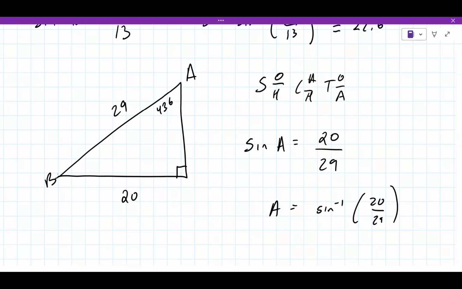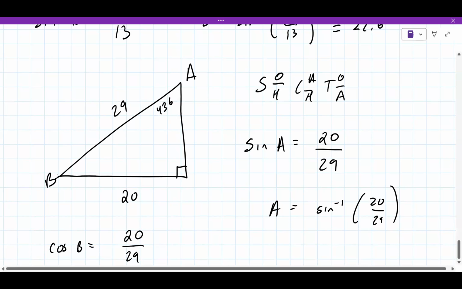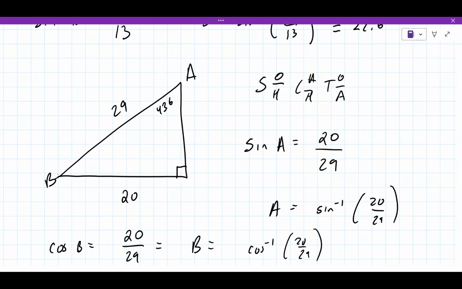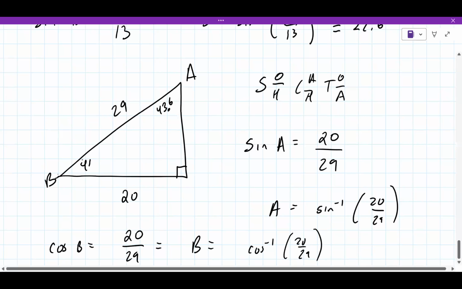Now let's go down and find angle B. We're going to say cosine of B is 20/29, so B is the cosine inverse of 20/29. Could you calculate that for us, please? 46.3. Yeah, that's what I got. Very good.